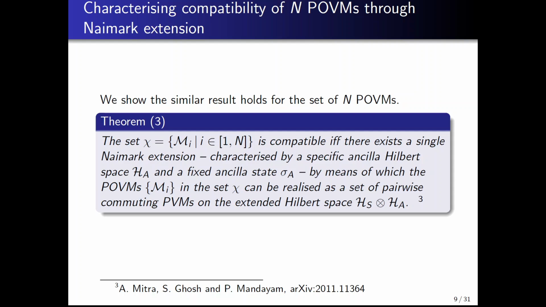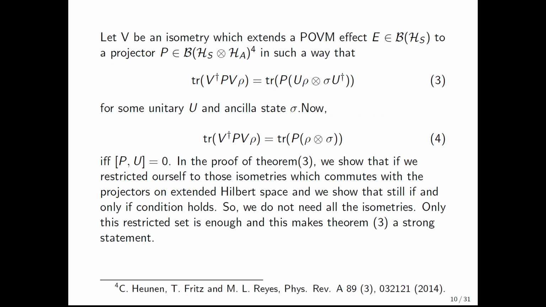When we call it a common Naimark extension, it means that we have used the same ancilla state, suppose sigma A, to construct that Naimark extension. Now suppose V is an isometry which extends a POVM effect to a projector in higher dimensional Hilbert space such that equation 3 holds.